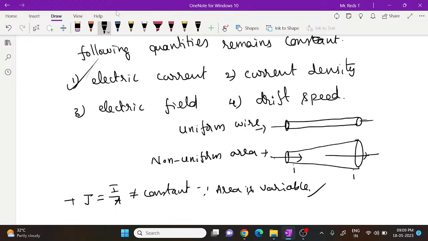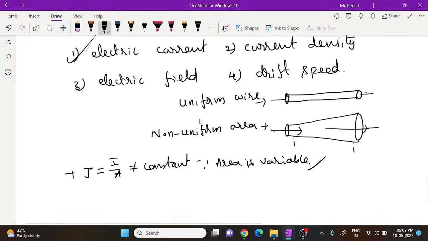Then what about electric field? Why is electric field not constant? To understand this, let us observe drift speed first. You should know these points also, then only can you confidently select that the current is constant. That's why I am explaining the other options too.